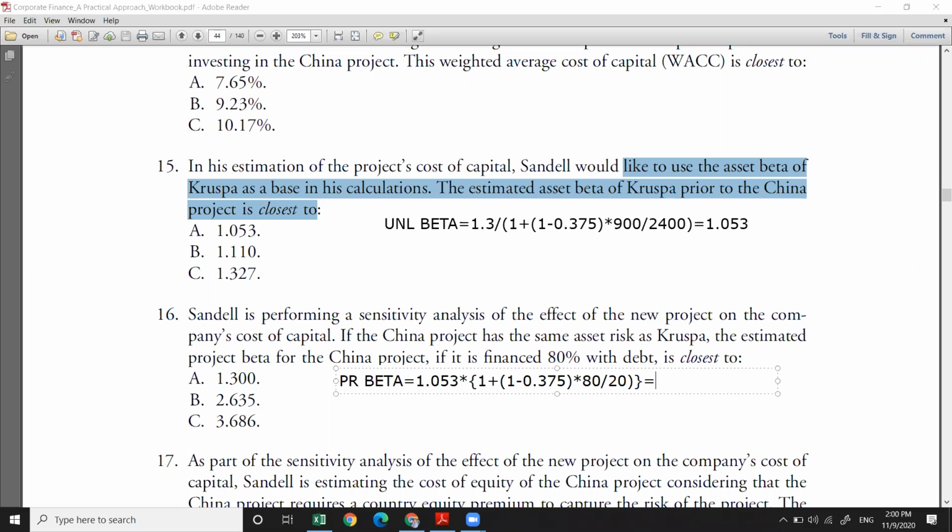If you calculate, that will give you 3.686.